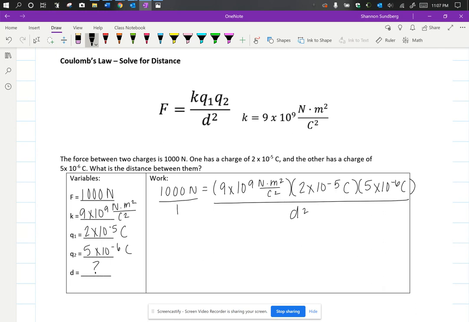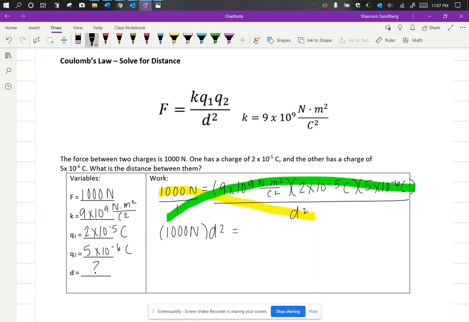So all you have to do is cross multiply. And this is kind of the easiest way to get that out of there. Like so. So when you multiply the yellow numbers together on the left-hand side there, you're going to have 1,000 newtons times d squared equals, and then just rewrite out everything.